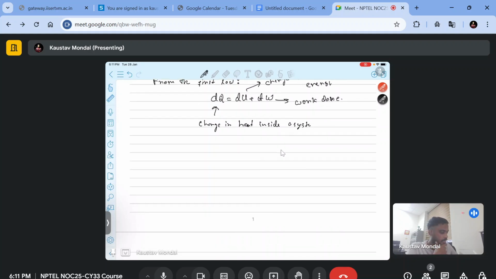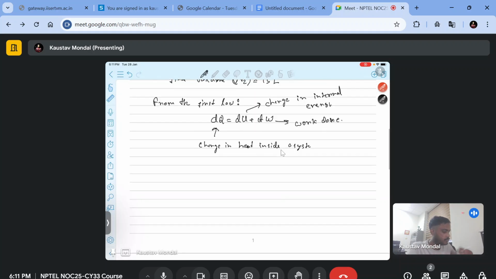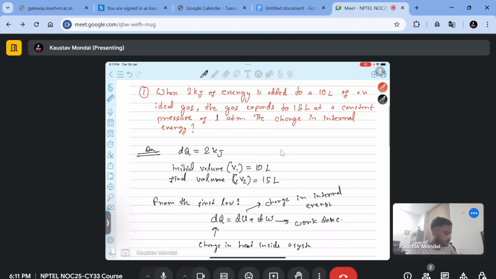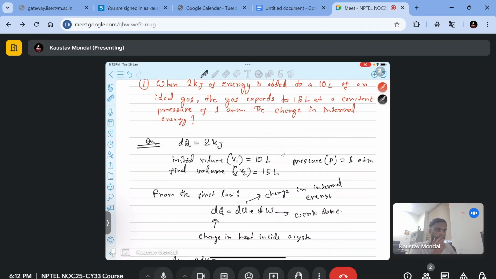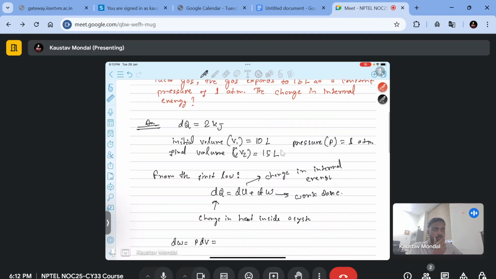Here, as the gas expands, the gas will definitely do some work. So dw, you know, is p into dv. Now p is given here; I forgot to mention the p. So pressure p is 1 atm. Everything is given.